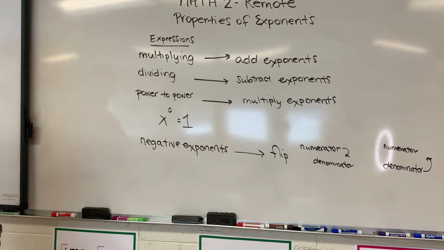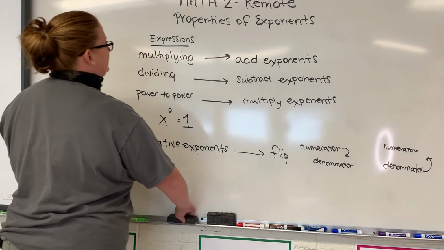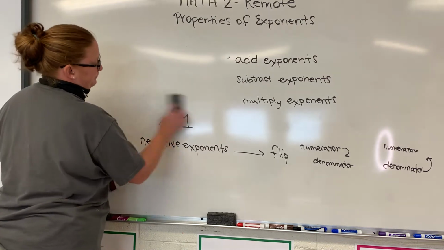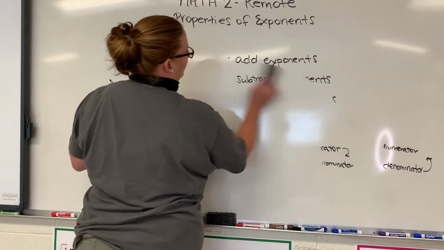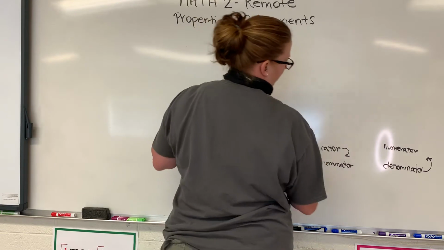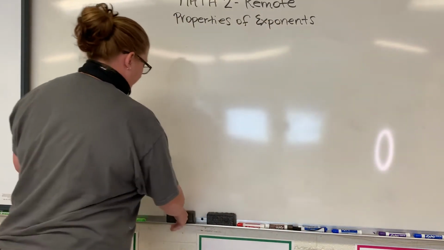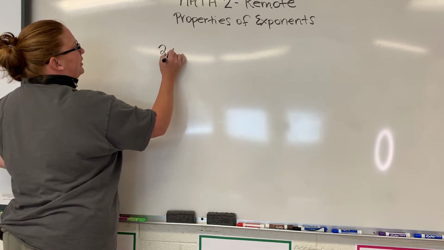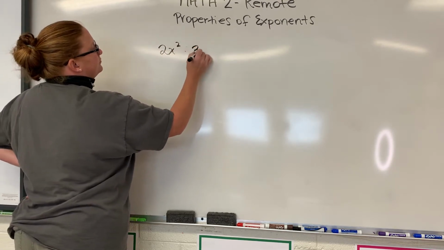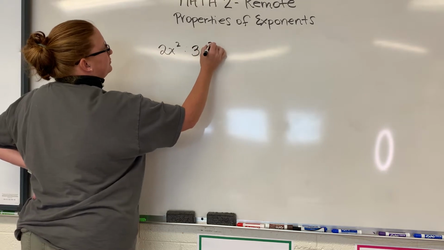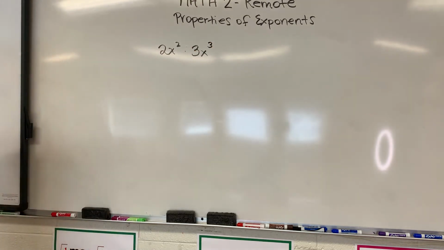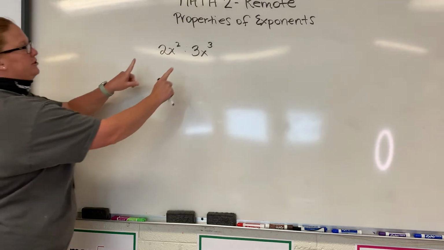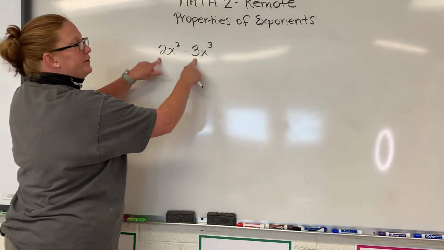So let's go over a couple examples of these. I'm going to erase this so we can put some examples up. We'll start with multiplying. So if we are multiplying expressions, what we need to do is multiply any of the coefficients, the numbers in front of the variables.